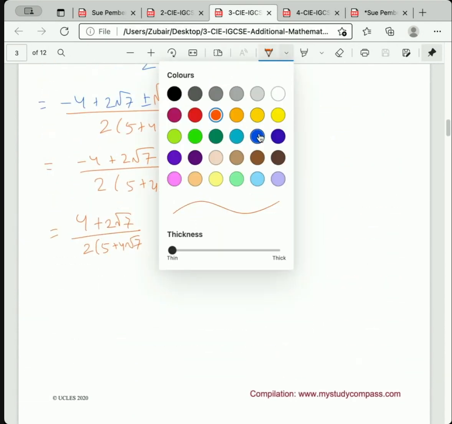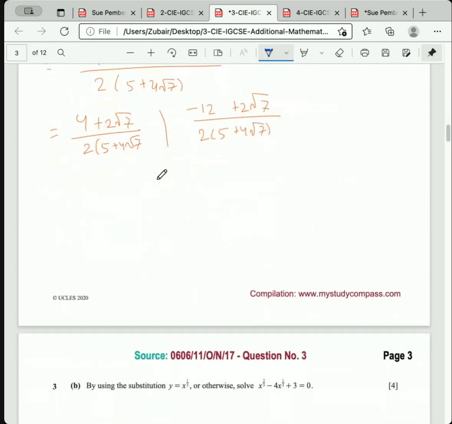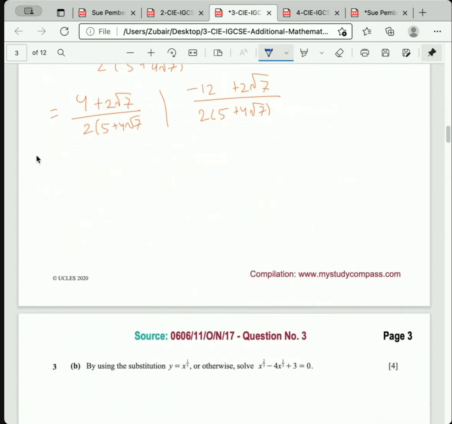I had to give the answer in this form. I'm selecting the first one first and then the other one. If I take 2 common in the numerator, I can cancel the 2 in the denominator. So that's 2 plus square root 7 over 5 plus 4 square root 7.